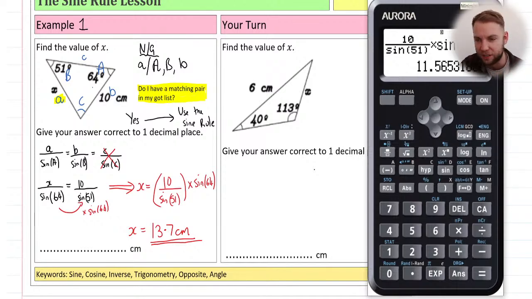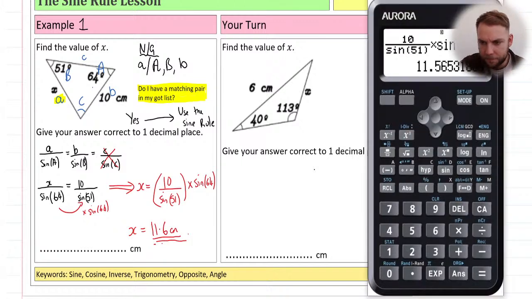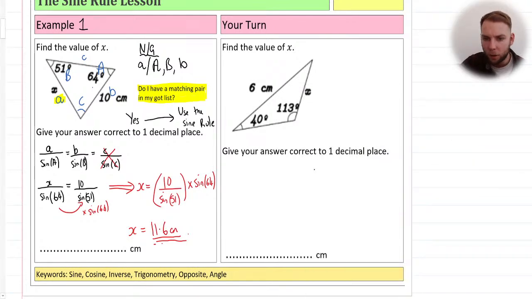So that's going to be 11.6 centimetres there. Just double check that. 11.6, yeah, brilliant.